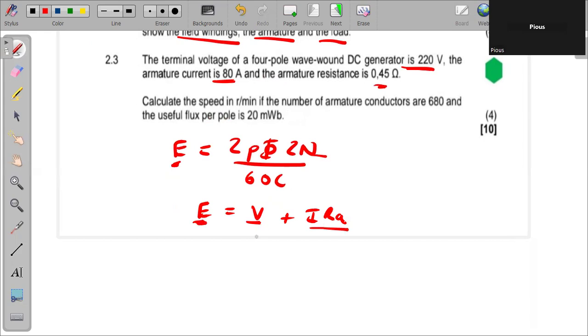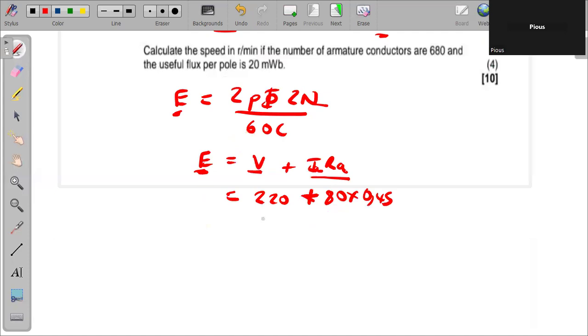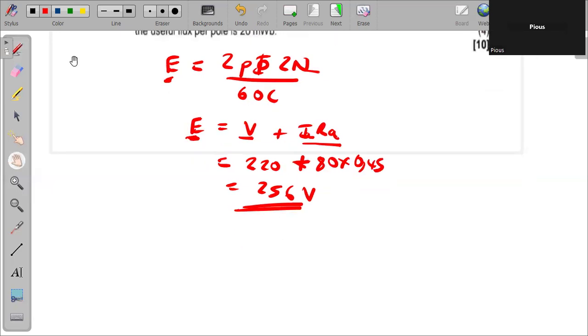So E equals 220 plus 80 multiplied by 0.45. Punching on the calculator gives us 256 volts.